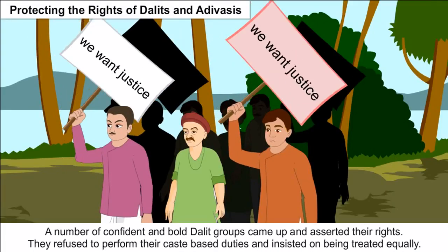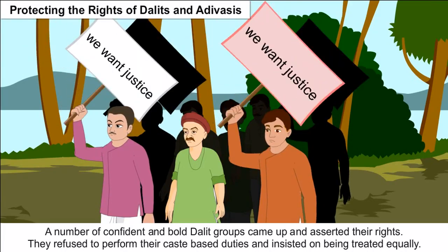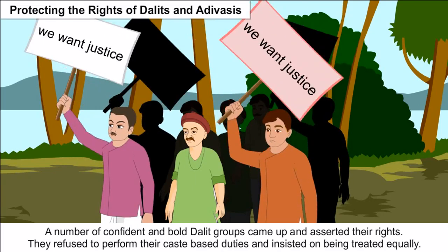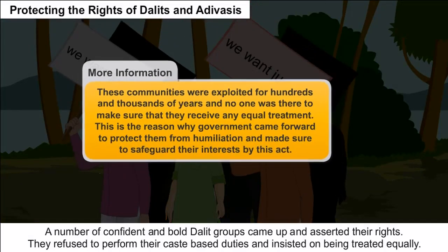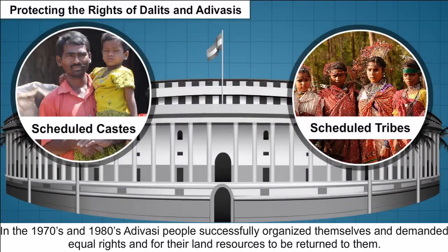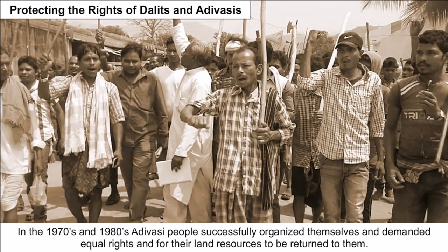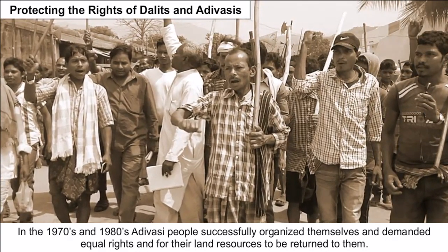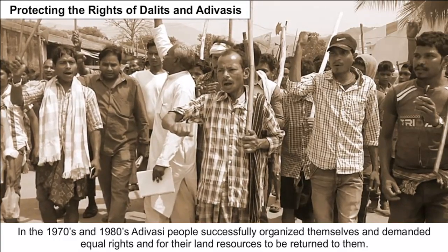A number of confident and bold Dalit groups came up and asserted their rights. They refused to perform their caste-based duties and insisted on being treated equally. In the 1970s and 1980s, Adivasi people successfully organized themselves and demanded equal rights and for their land resources to be returned to them.